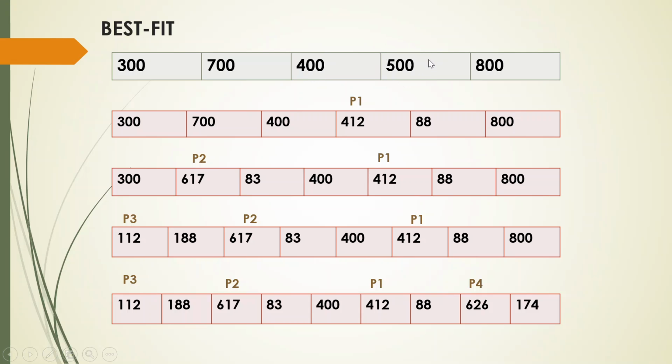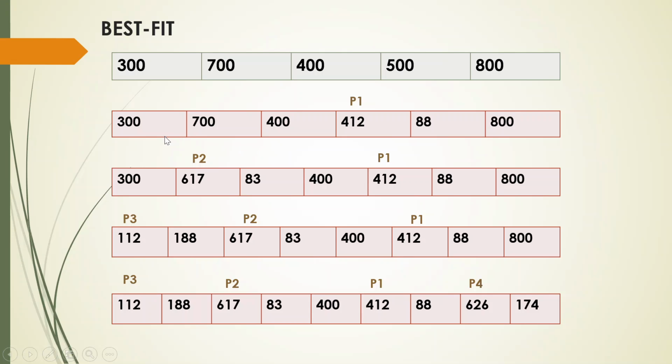Yes, we'll place 412 at 500 because it's very close to 412 kb. Since it is greater than 412 kb, we'll split it into two parts as 412 kb and 88 kb. The free space will be 88 and the remaining 800 will be written as such.